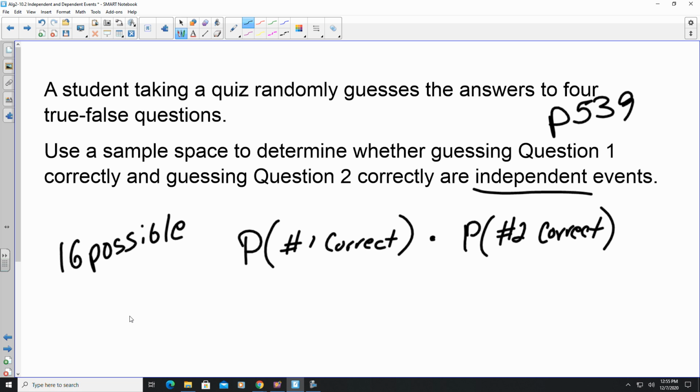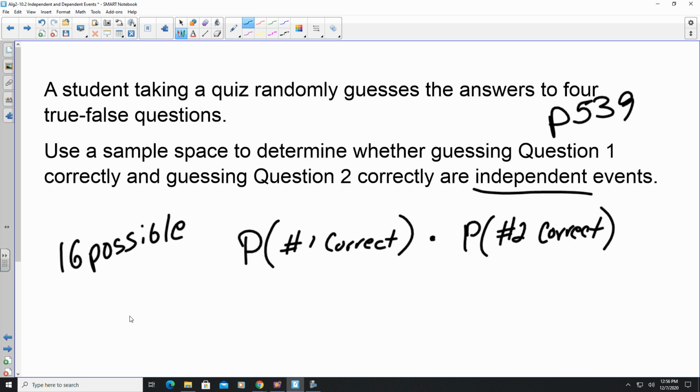If you look at that page and count up all the times that you got question number 1 right: for 0 right there was none, for 1 right there was 1, for 2 right there'd be 1, 2, 3, and then for 3 right 1, 2, 3, and then 4.